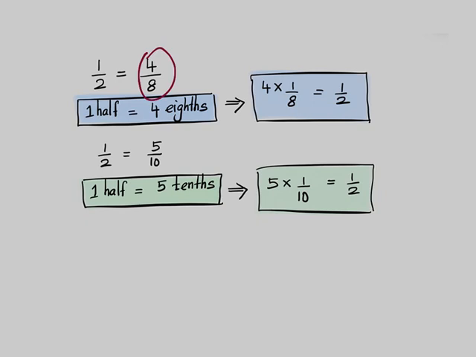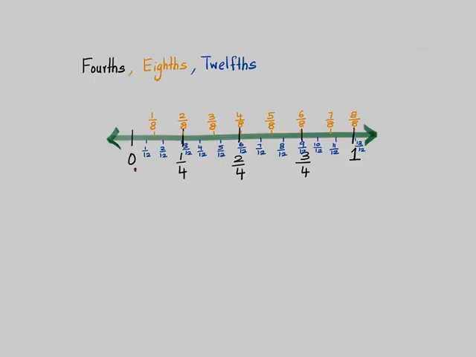So 4 by 8 is an equivalent fraction of 1 by 2, and 5 by 10 is an equivalent fraction of 1 by 2 as well. The number line is partitioned into 1 by 4, and half of 1 by 4 is 1 by 8.